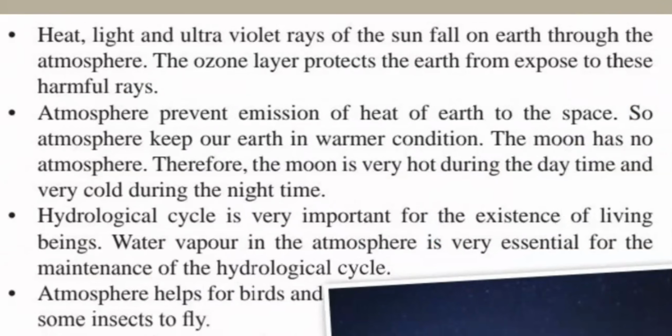So remember three things: heat, light, and UV rays. They fall to the Earth through this atmosphere. But the ozone layer protects the Earth from harmful rays. So it is very easy to remember. Heat, light, ultraviolet rays fall to the Earth through the atmosphere. Ozone layer protects the Earth from harmful rays.